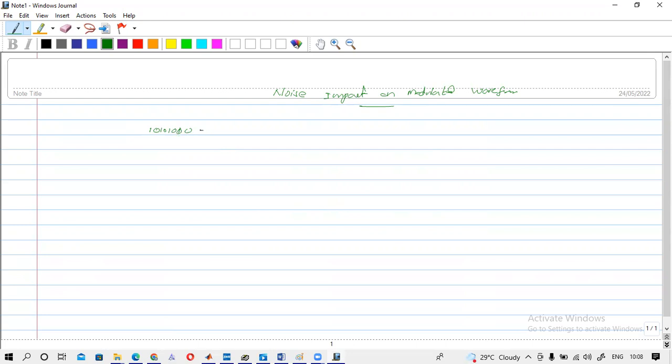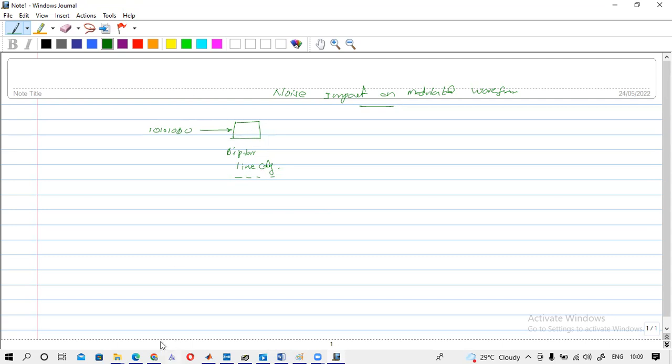Then we have to do the line coding. For a BPSK, normally we are using bipolar line coding when we are going to implement a transmitter, a modulator.